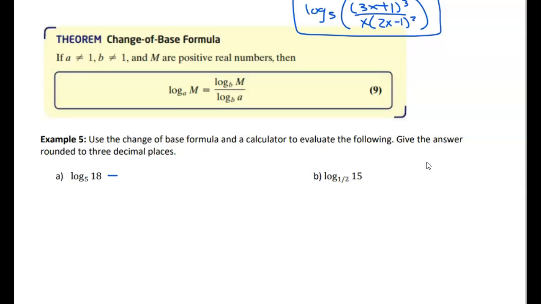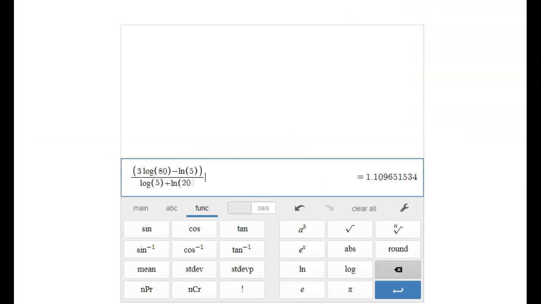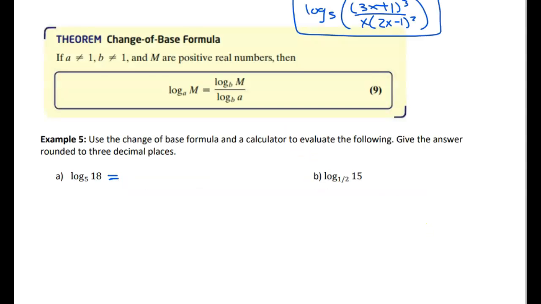Okay, so this is important because you can evaluate any logs in the calculator. Okay, so if you look at a calculator, it only has log base e and log base 10 in there. So we can change this base into either ln or log.